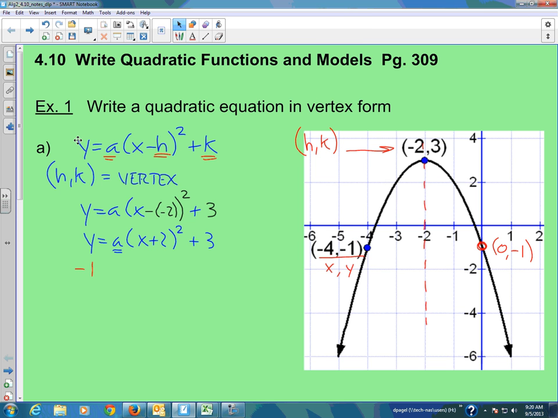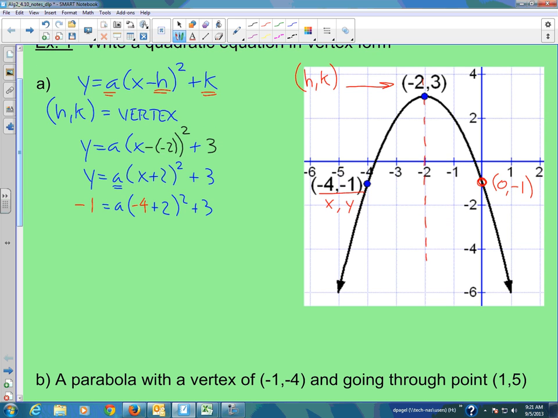And then I'll have -1 equals a times. And then I take the -4, which is my x, and I plug that into my equation. And from here, we're able to find the value of a. Hopefully it's negative. So we get -1 is equal to a times (-4 plus 2) squared plus 3.